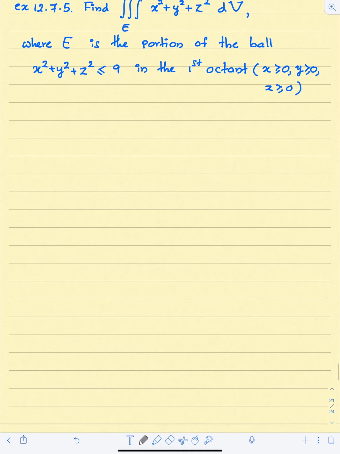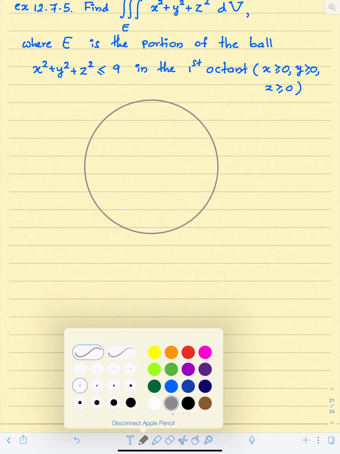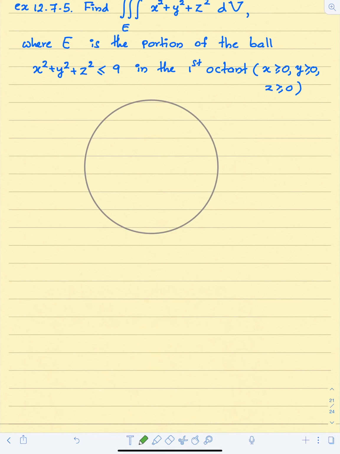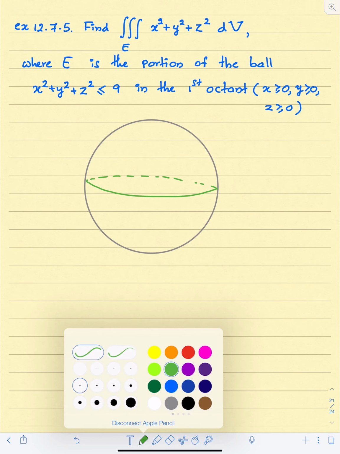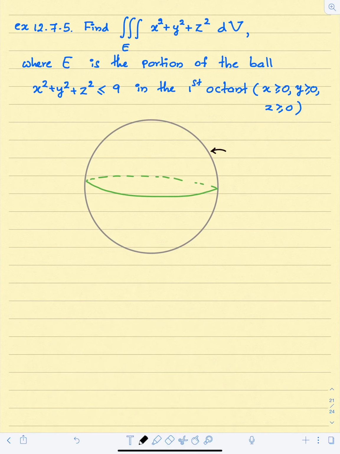So basically the boundary of the ball is a sphere with radius 3. So we have a sphere. The equation of this boundary of the ball is a sphere with the equation x squared plus y squared plus z squared equals 9.